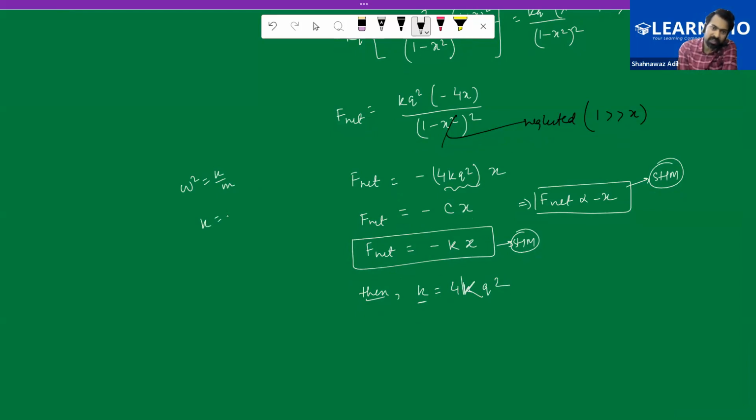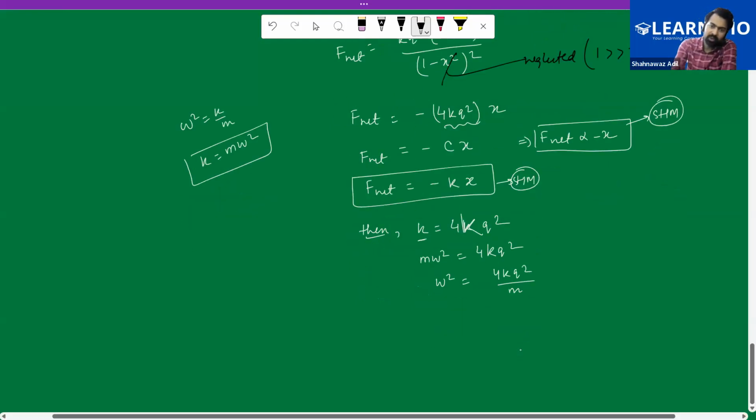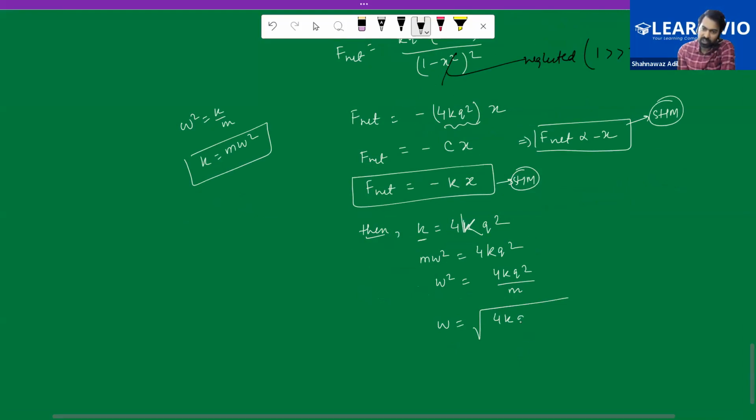Right, so K is m omega square. Correct? So this K is m omega square, and then this is 4K Q square. So we can calculate this omega square as 4K Q square divided by m. So this is the equation that we had to calculate, this omega, which is 4K Q square divided by m. So this Q, we can take it outside, and then this is 4K divided by m.